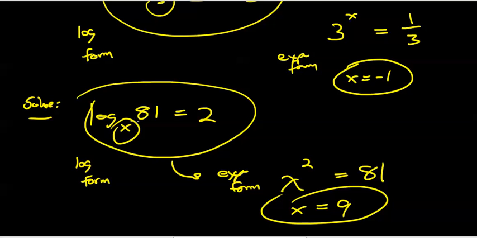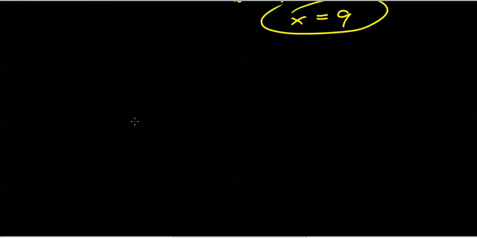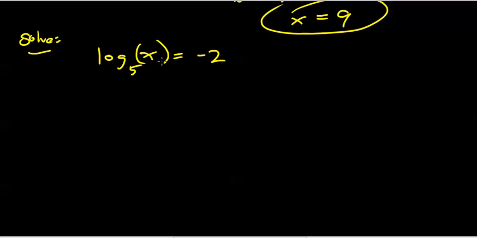Alright, got a couple more. We'll call it a day. If I ask you to solve this logarithmic equation: the log of x base 5 equals minus 2. Here the variable is inside the logarithm argument. The logarithm of what number base 5 is minus 2?